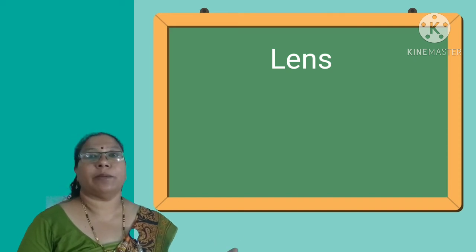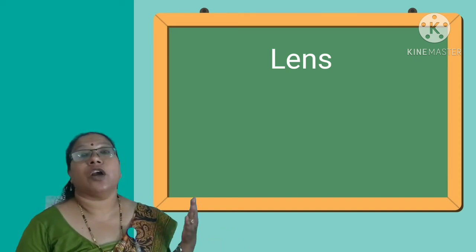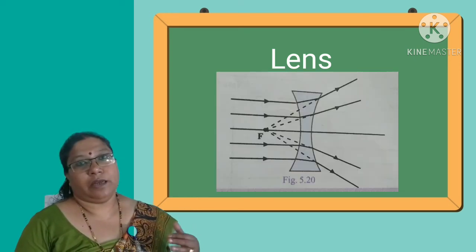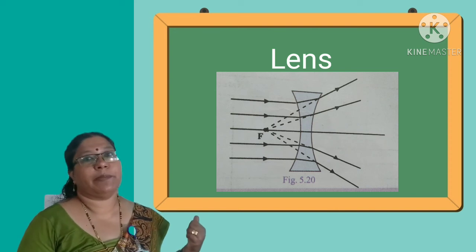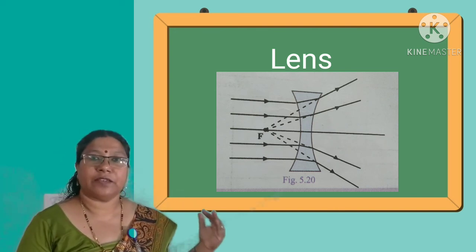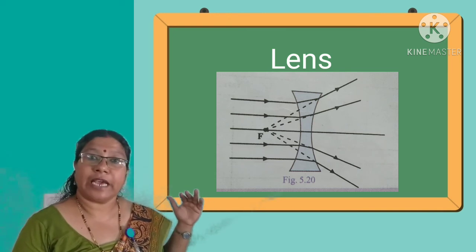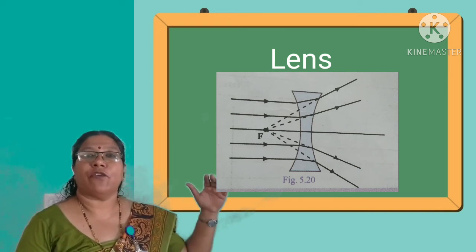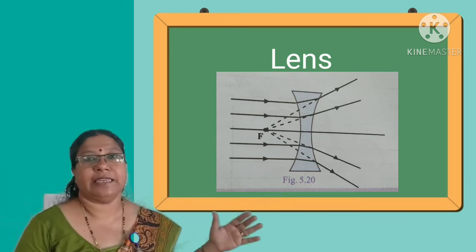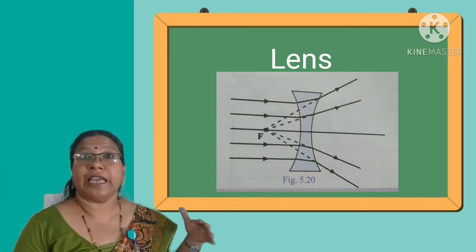Then we will move on to the principal focus of a concave lens. The next figure shows the principal focus of a concave lens. See, parallel rays of light falling near the principal axis on a concave lens diverge.